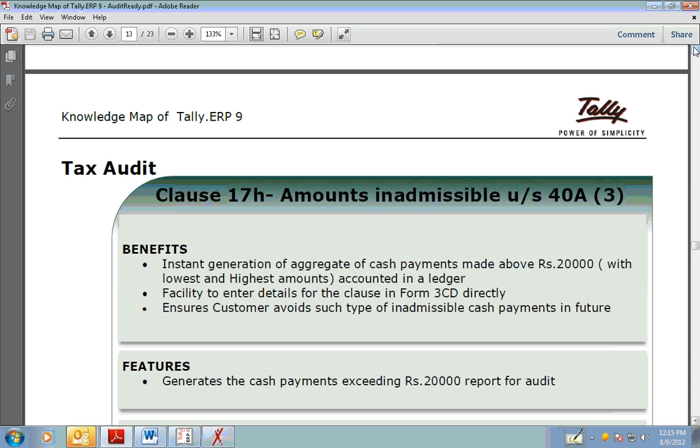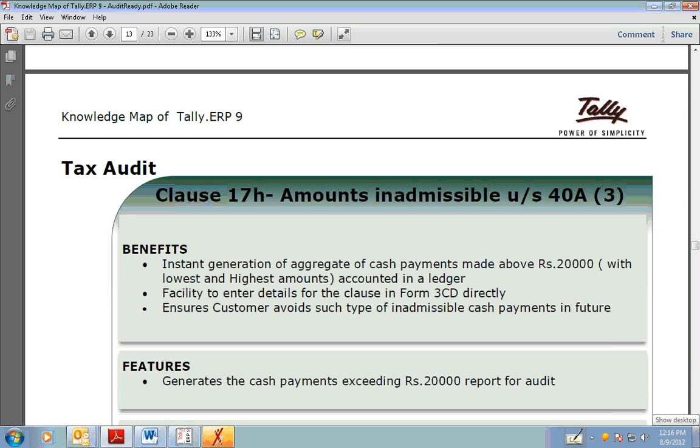It shows the instant generation of the aggregate of cash payments made above 20,000 and all that information.